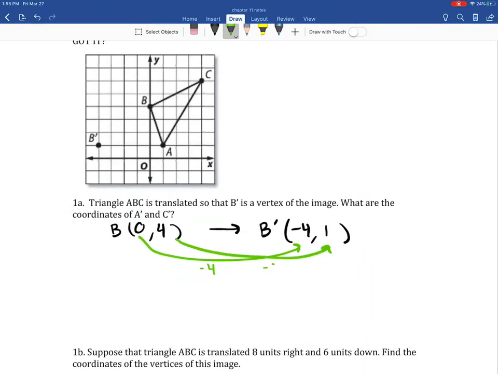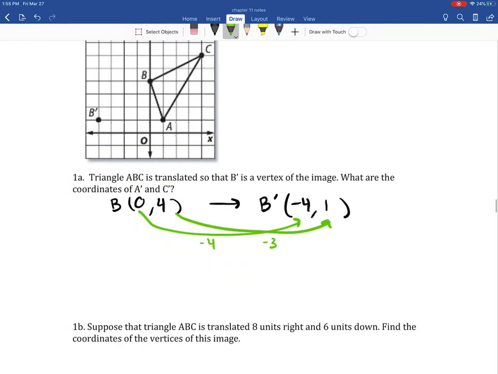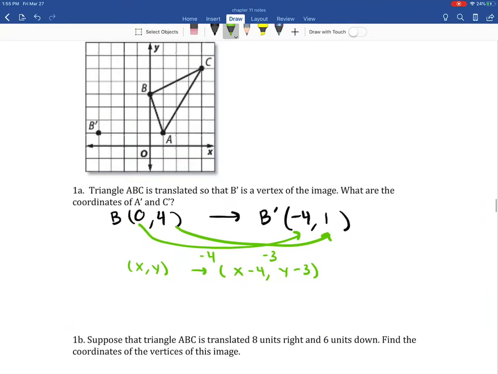From 4 to 1, I subtracted 3. So I could write my rule as whatever my x, y is, it's going to become x minus 4, y minus 3. Okay, if I wanted to write it in words, I could say left 4, down 3.